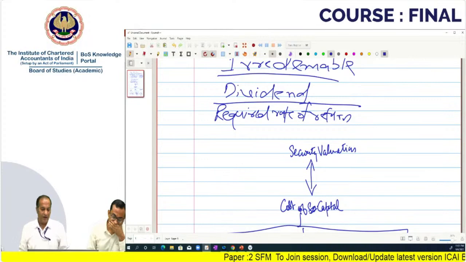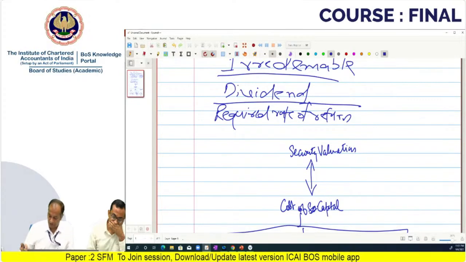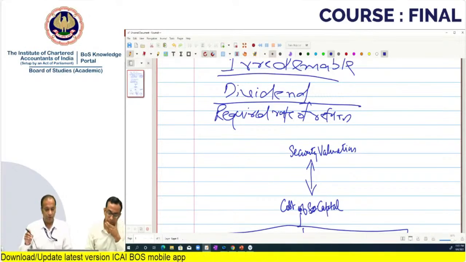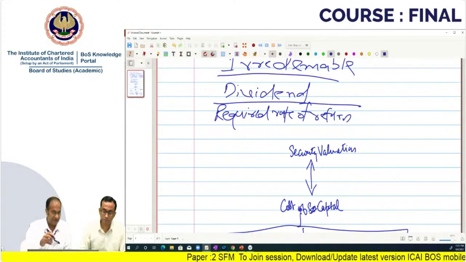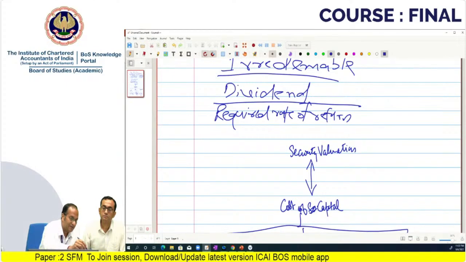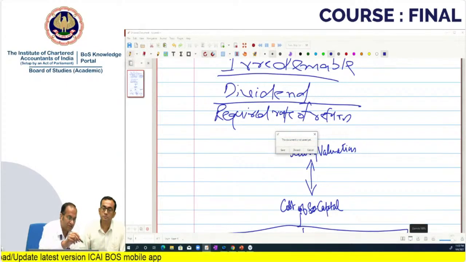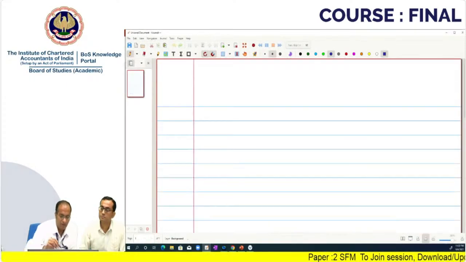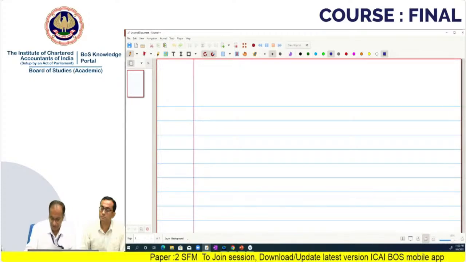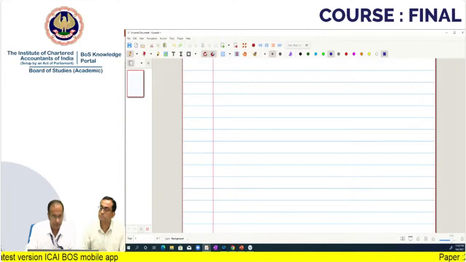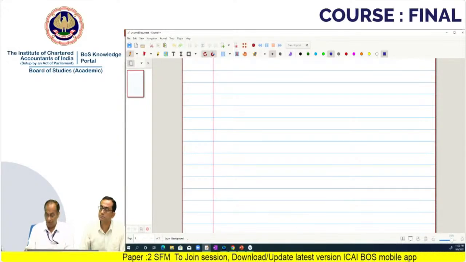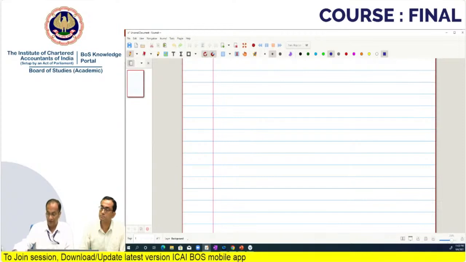Now I am coming to the topic of bond valuation. Student, although it is a single line in the syllabus, when we talk about this topic, it is a very important topic that has been covered in detail.